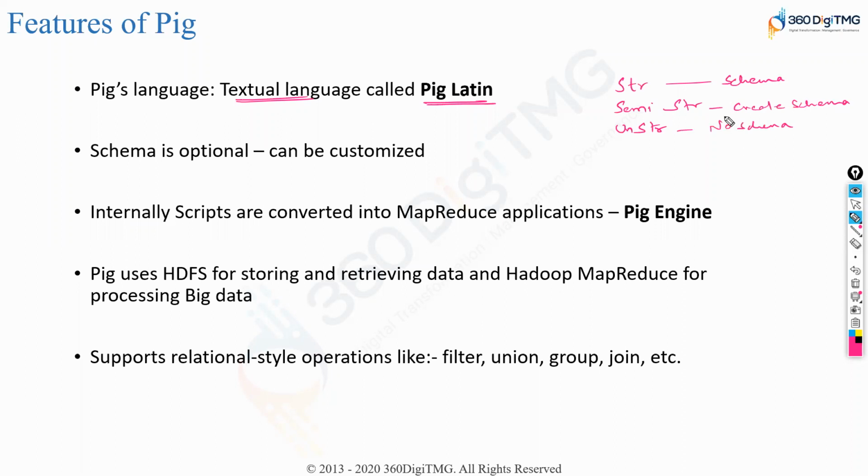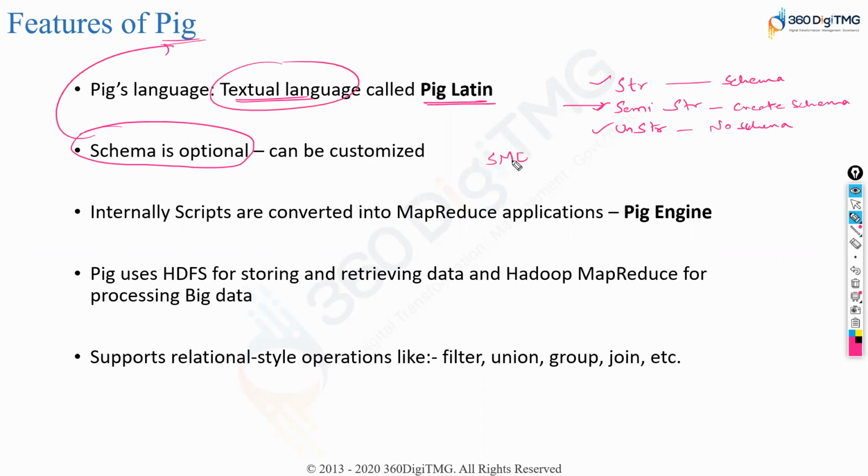But Pig can deal with any of these, right? That means schema is optional for Apache Pig, and it can be customized. This is one of the features. Apache Pig is more like a textual command where your subject matter experts can now use Apache Pig to write the functions that they want to accomplish.